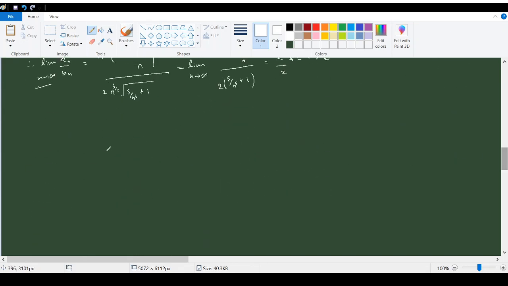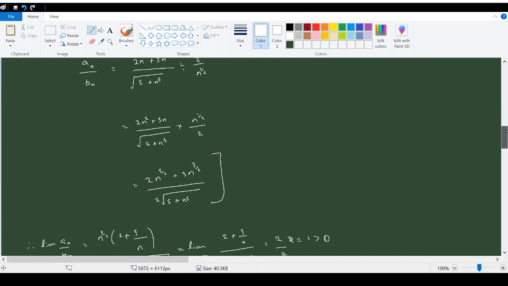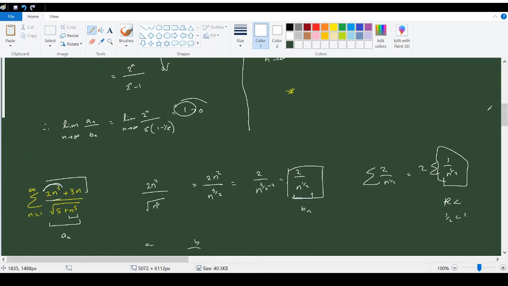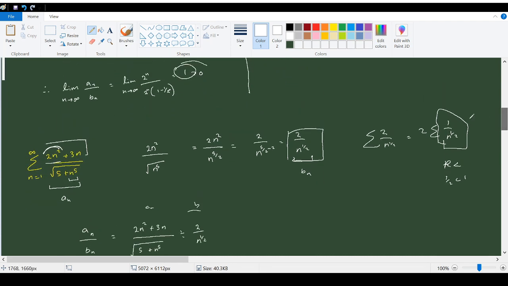Therefore, by the limit comparison test, we can say that our original series also diverges. Now, it is not a comparison test, it is a limit comparison test. And remember the method that we use to obtain this second series. We choose the dominating term from the numerator and the dominating term from the denominator. We just get rid of the smaller term and write down what remains. So that's how we extract out the required bn term from the given series.